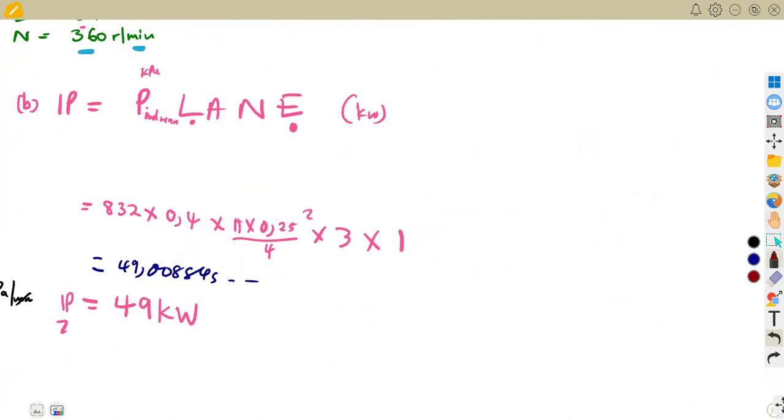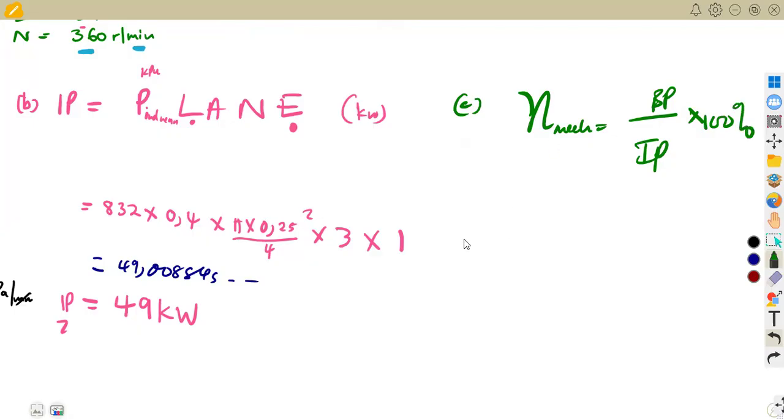Remember, for the mechanical efficiency, we said it is the ratio of brake power to the indicated power times 100%. So the mechanical efficiency that we are given there is 80%.